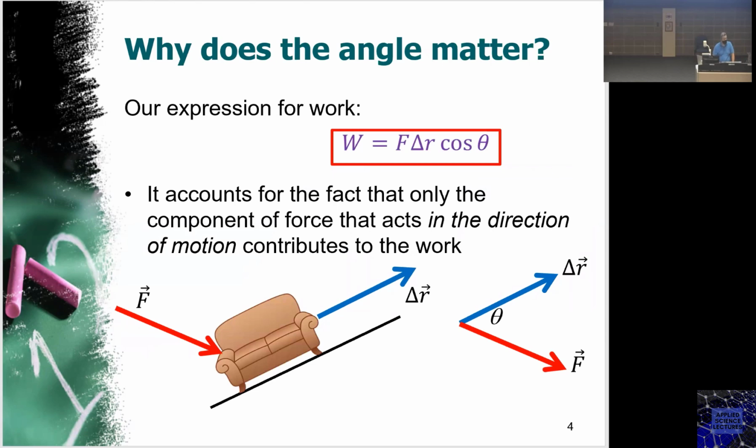Now let's look at this example here where we have this couch being pushed up along this inclined plane with a force F. And as you can see, the displacement is along this inclined plane with the displacement delta R. How can we find the work?